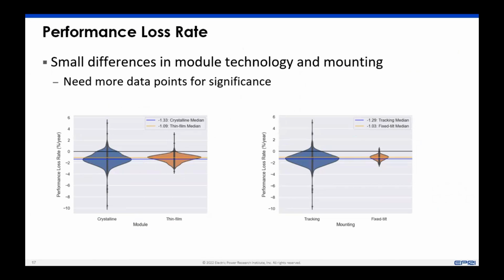And then this is about mounting, comparing to fixed tilt. We also see fixed tilt seems slightly better, but again, not enough data to tell if it's significant yet. So we didn't try to explain it yet, and this is basically an observation for now.